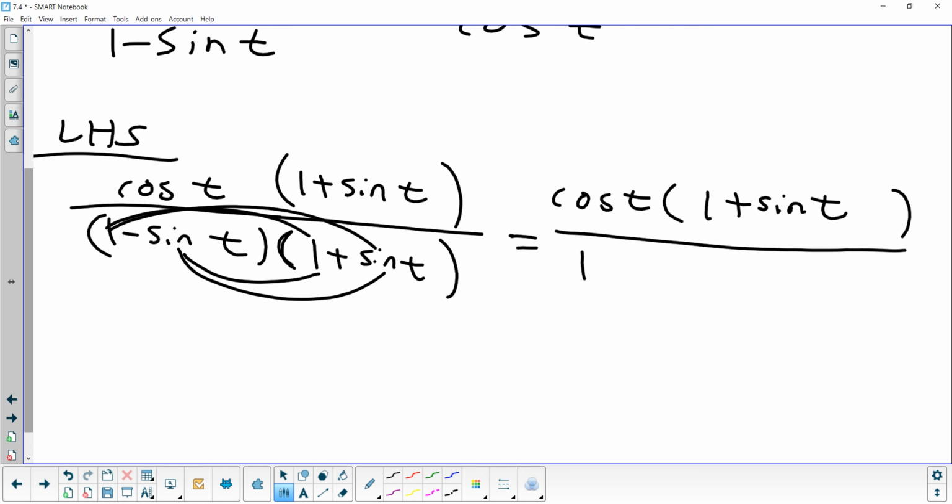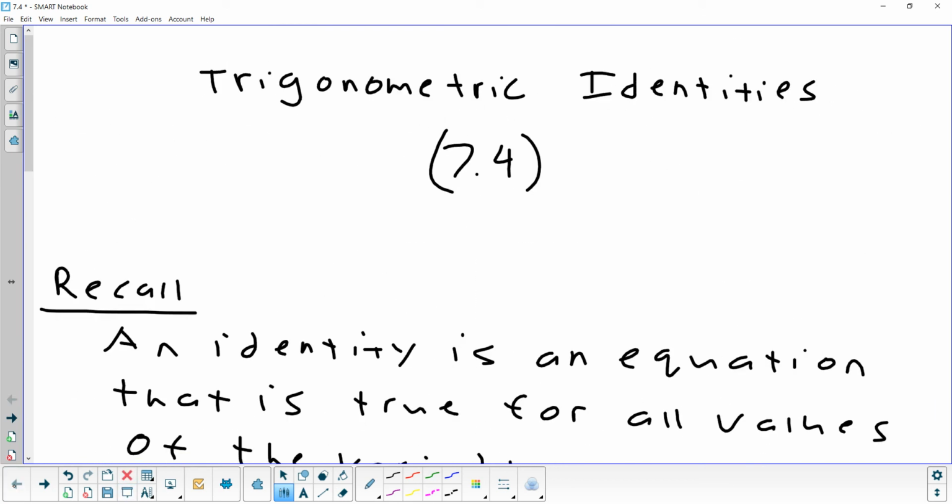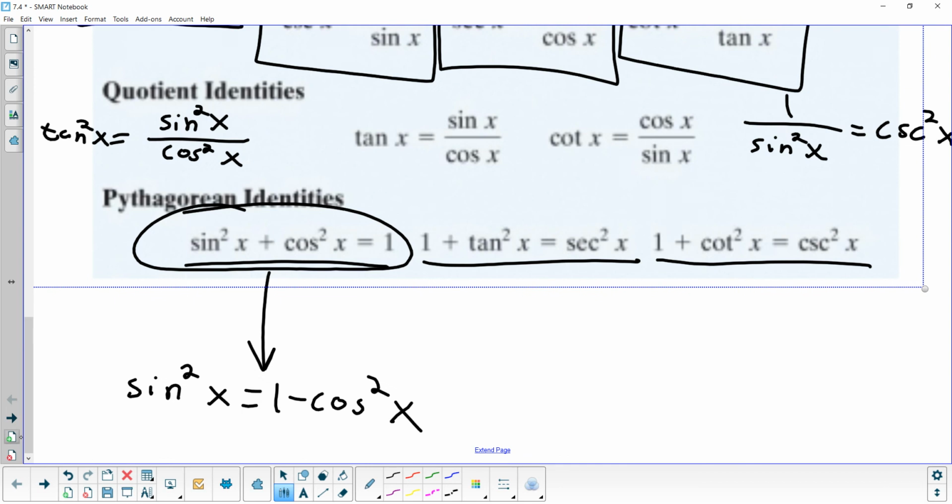What's negative sine times positive sine? Negative sine squared. Look at the bottom. 1 minus sine squared. Let's go back here. What is 1 minus sine squared?